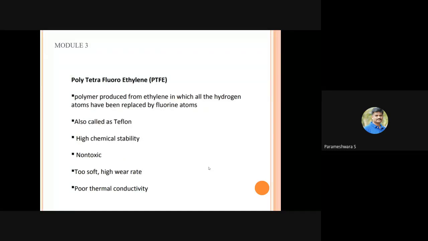It is a polymer produced from ethylene in which all the hydrogen atoms have been replaced by fluorine atoms. It is also called Teflon. You might have seen Teflon coating; just observe the surface of the Teflon coating, how smooth it is. It has high chemical stability, is non-toxic, too soft, with a high wear rate and poor thermal conductivity.